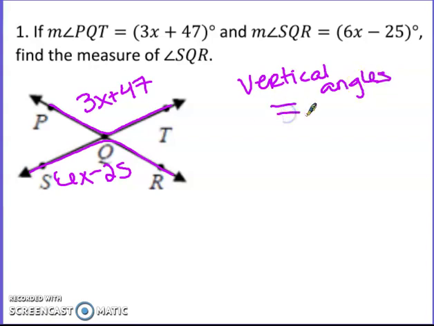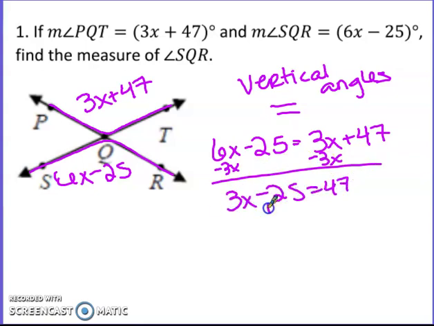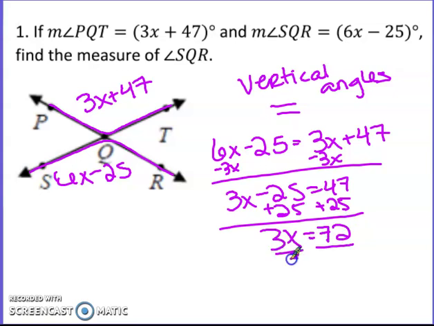And we know vertical angles equal each other. So I'm going to say 6x minus 25 equals 3x plus 47. Again, use your algebra skills or use Desmos to solve this. You're going to come up with x is equal to 24.